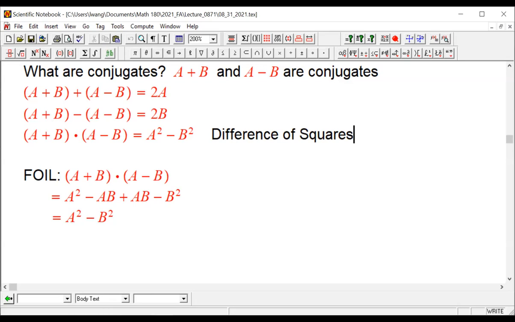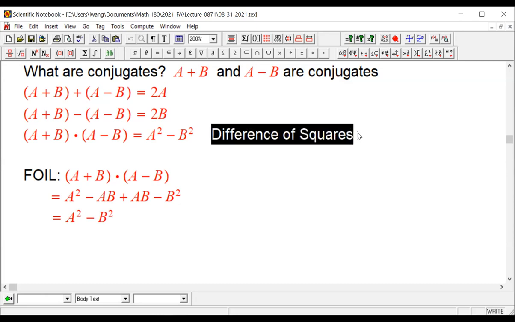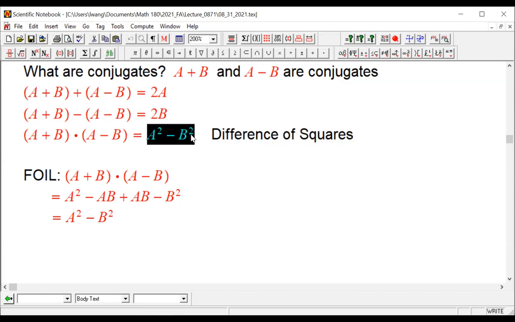Or product of conjugates. Can we say that? One is addressing difference of squares, which is addressing the right-hand side.